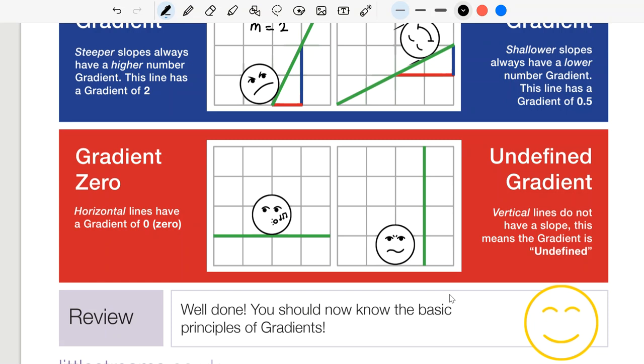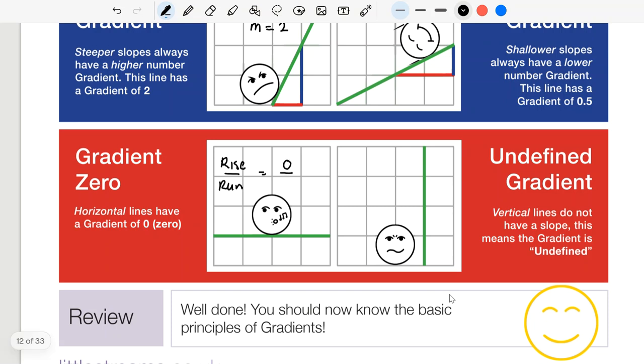So what we've now got is two other sets of lines to be aware of. We've got horizontal lines. That's like if you imagine walking along a road compared to walking up a hill or down a hill. So it makes sense that a horizontal line has a gradient of 0. If I did rise over run here, what's the rise? 0.